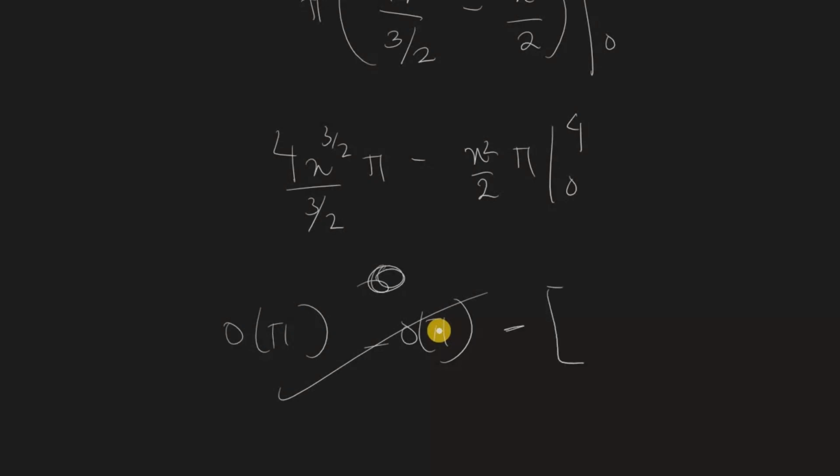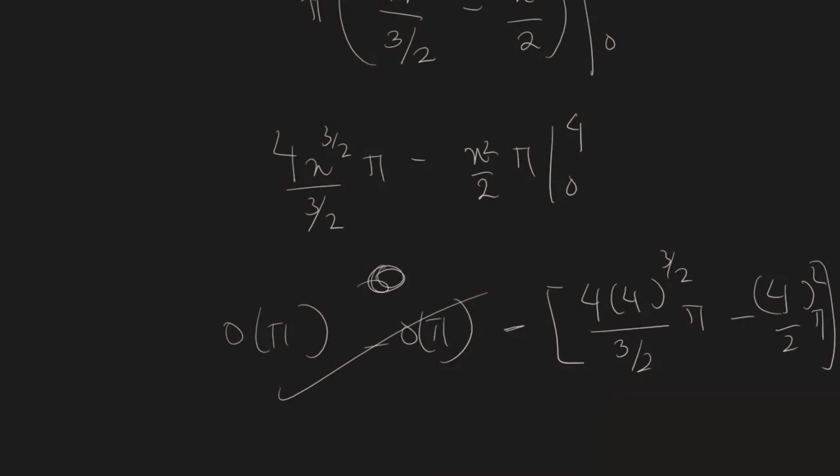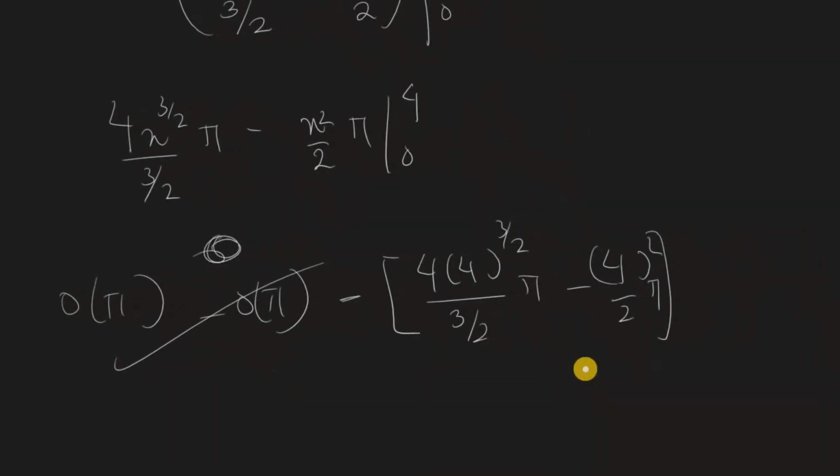And then minus, putting 4 inside it: 4 to the power of 3 over 2 divided by 3 over 2, pi, minus 4 squared divided by 2, pi. If you do all this math, this should give you 40 pi over 3, and that's the final answer.